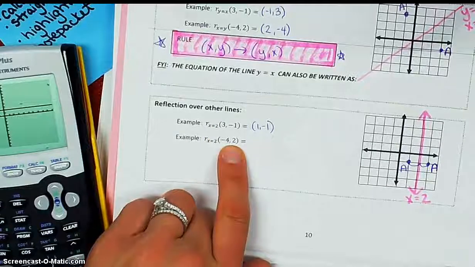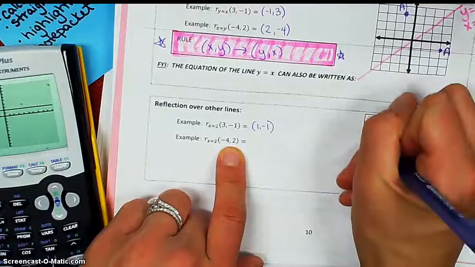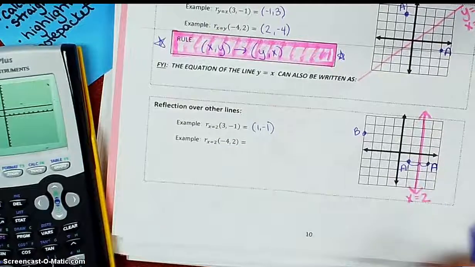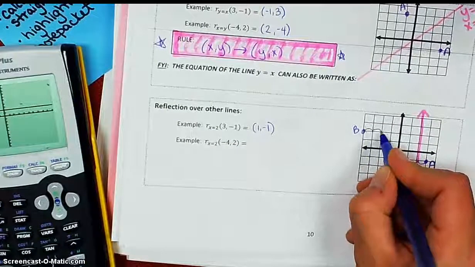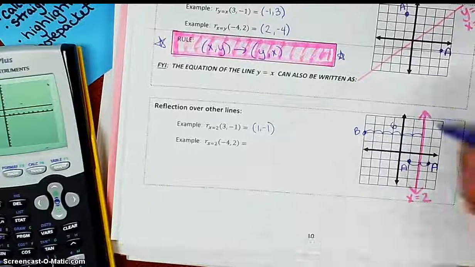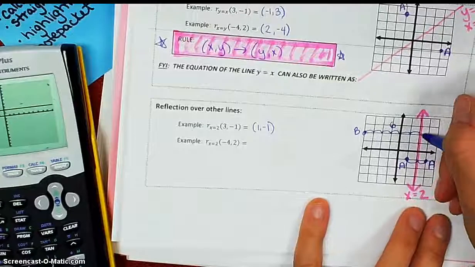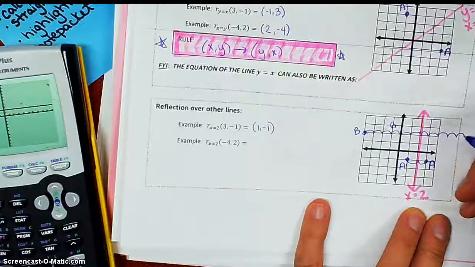Okay, and then we have the point -4, 2. So over -4 up 2, here's B. So let's see, we need to make sure we go the same distance on the other side. So I am 1, 2, 3, 4, 5, I am 6 units away, which means I also have to go 6 units away on the other side. 1, 2, 3, 4, 5, 6, there it is.